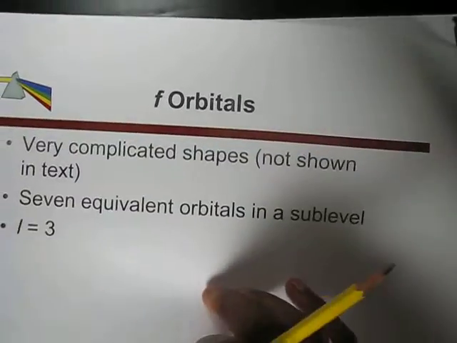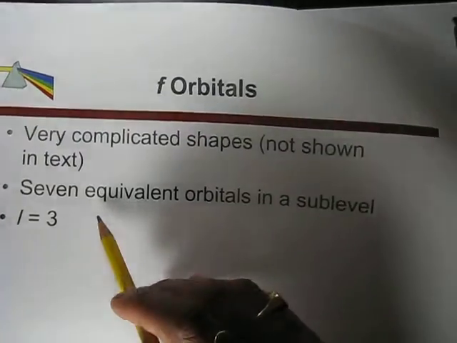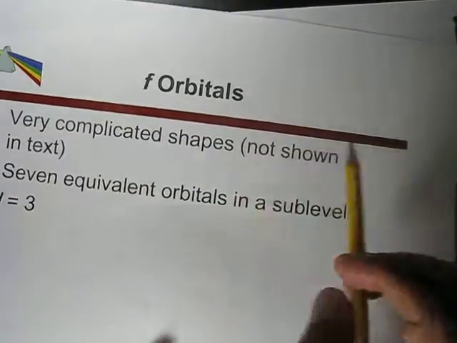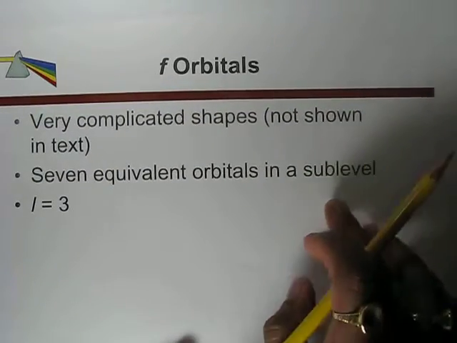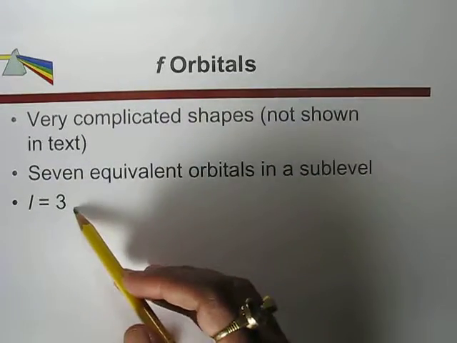And the fourth orbital, the f orbital, is very complicated in shape, not shown in the text, and there are 7 equivalent orbitals in the sub-level, and for f orbital l is equal to 3.